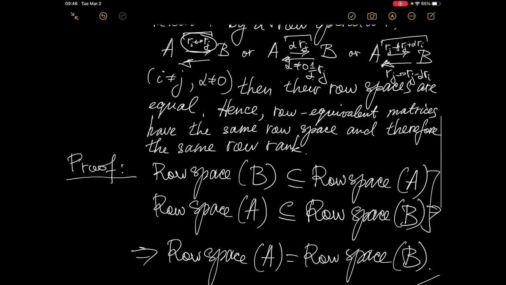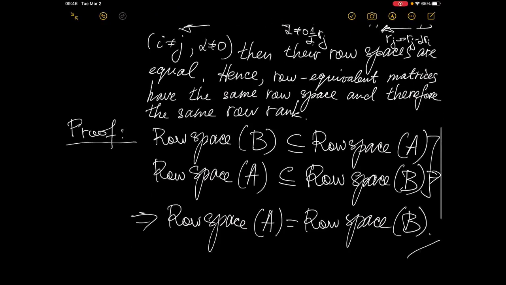So the original elementary row operations bring us from A to B. Because they are linear combinations, the row space of B will be included in the row space of A.